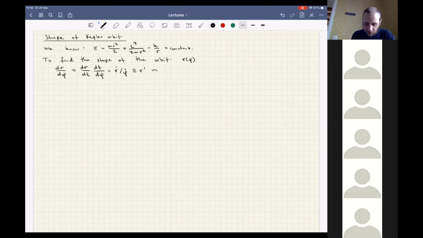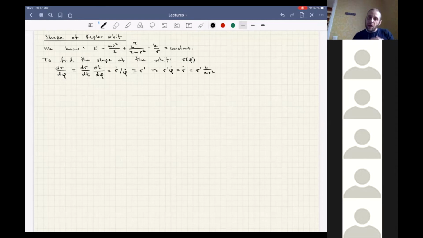So this means, of course, that r prime times phi dot is r dot. This is also the chain rule, going the other way. And phi dot we can replace by the angular momentum, so that's L divided by r squared.